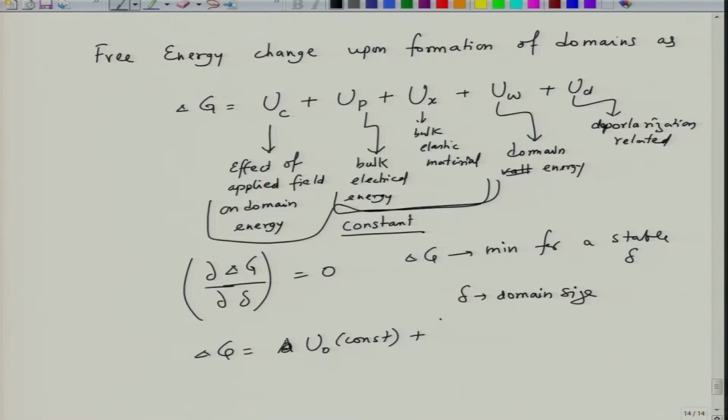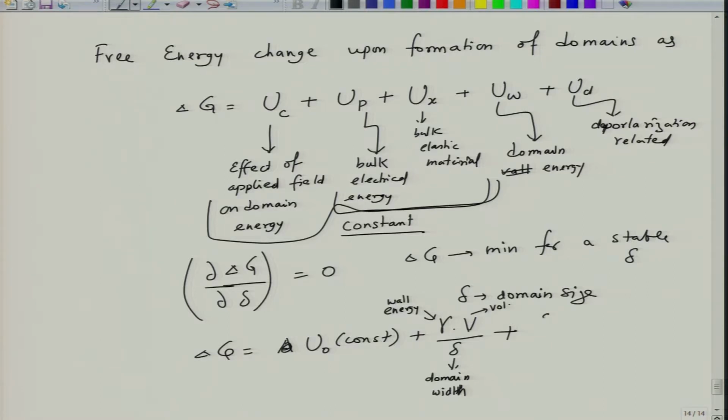For UW, the expression is gamma, which is the surface energy or domain wall energy, multiplied by the volume V, divided by delta, which is the domain width.